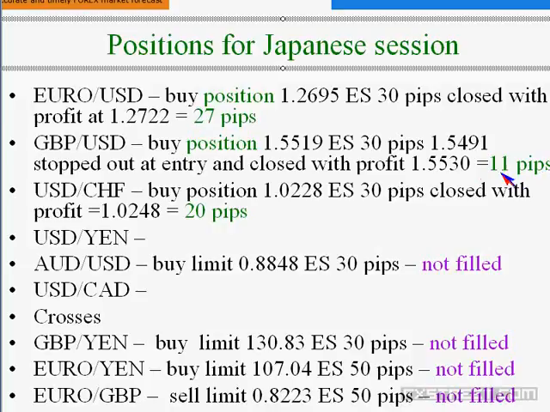So obviously I will not gain, but still I was able to capture the profit and not hold a loss-making position. Then in the case of USD CHF, I kept the buy limit order at 1.0228, and the low was 1.0226, and they breached and filled it, and my hedging order was not filled, and it went up before the close of the European session. Then subsequently I booked the profit at 1.0248, and I was able to capture about 20 pips.